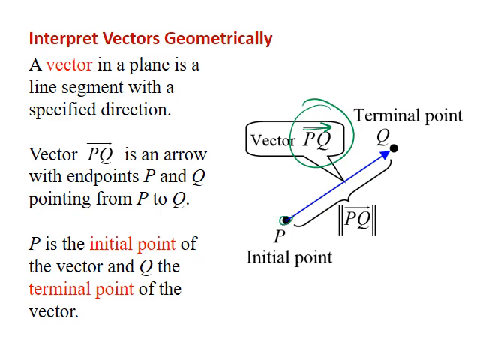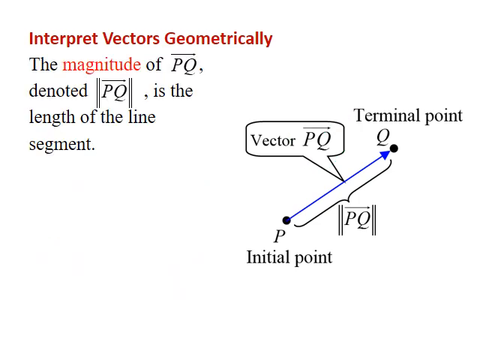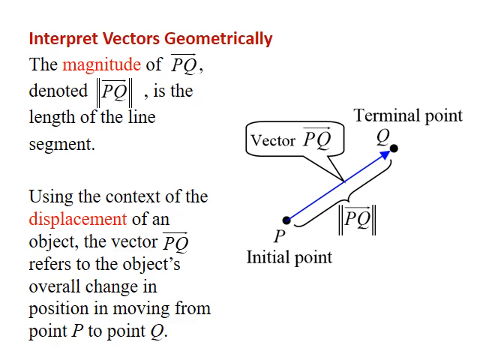The initial point, which we will sometimes call the tip, and then the terminal point, which we will call the tail. The magnitude is the length of the segment, and it is denoted in this way. Definition of displacement here, so you can pause this and read through that definition. This image is the same as it was on the previous slide.